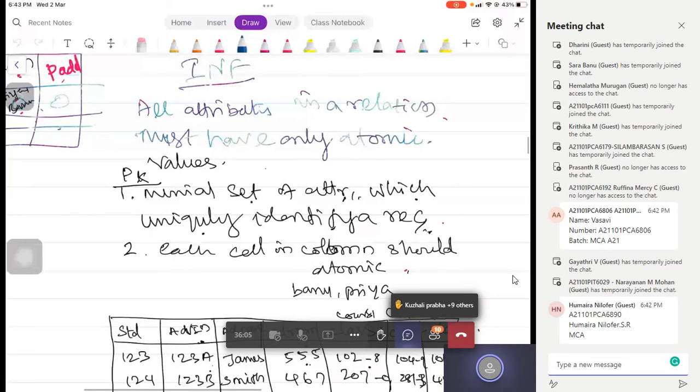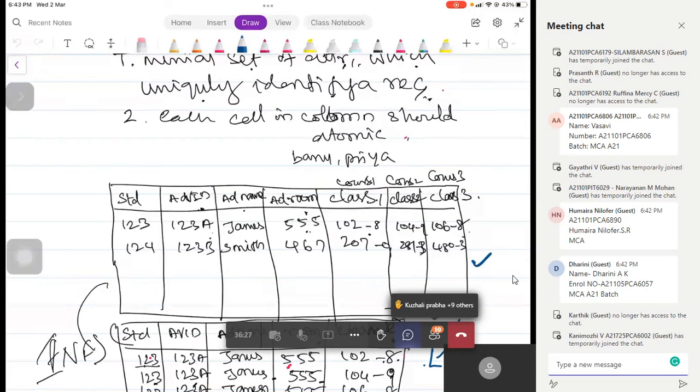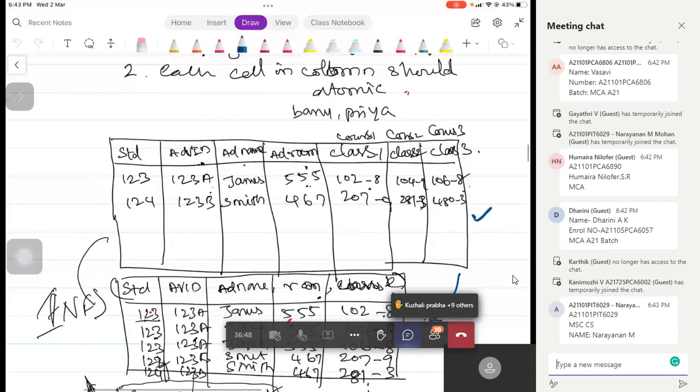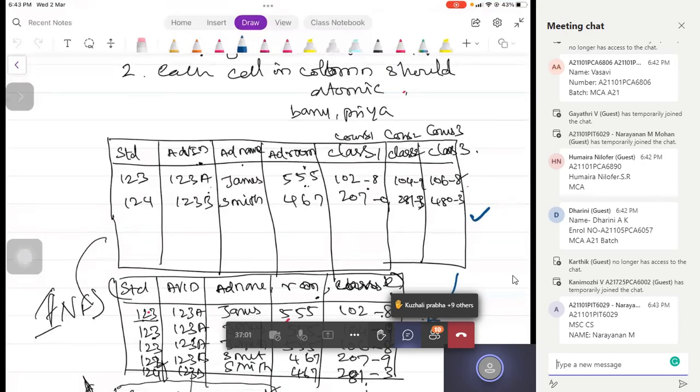Understood? Now this is a student example they are giving. This is one file: student ID, advisor ID, advisor name, advisor room, class 1, class 2, class 3.